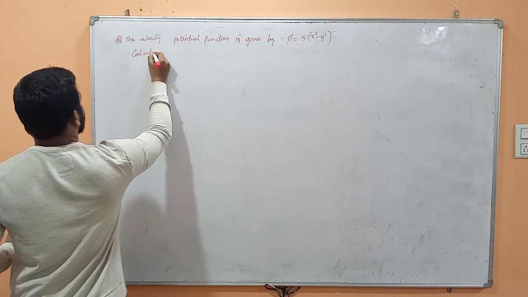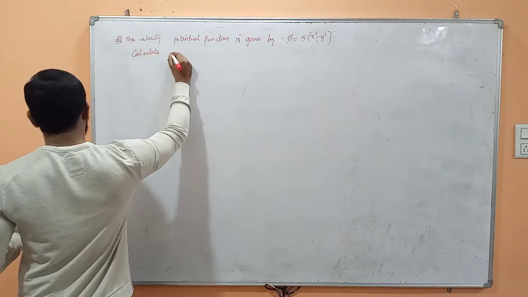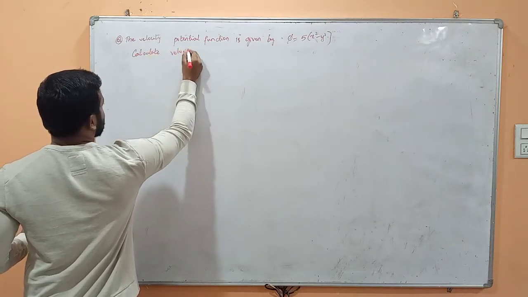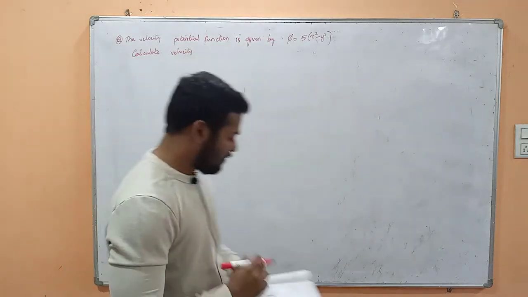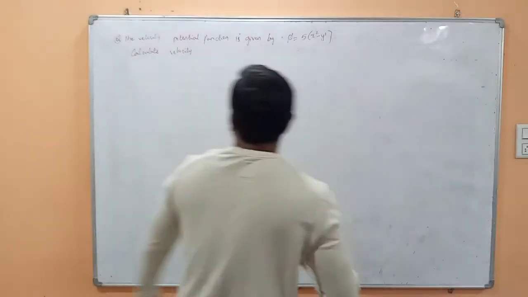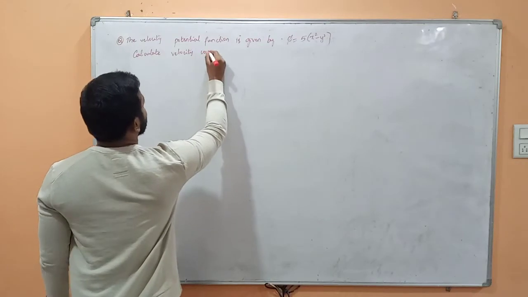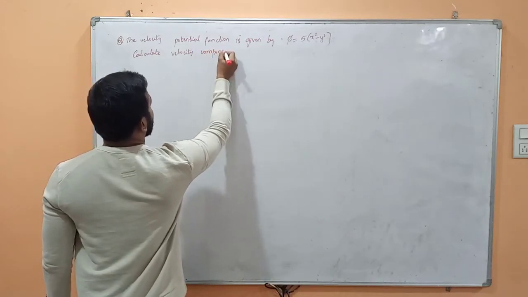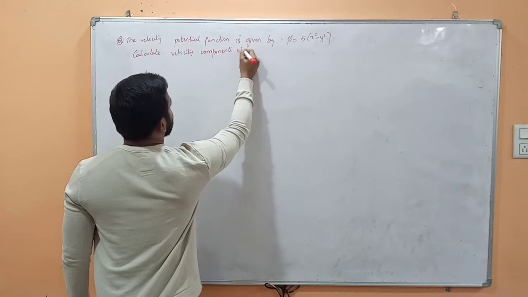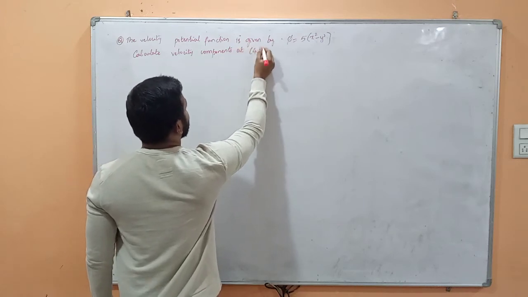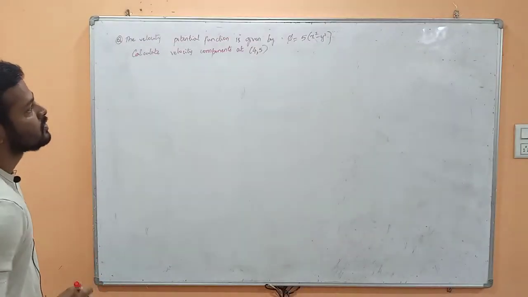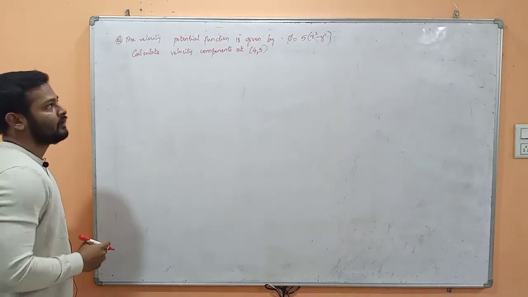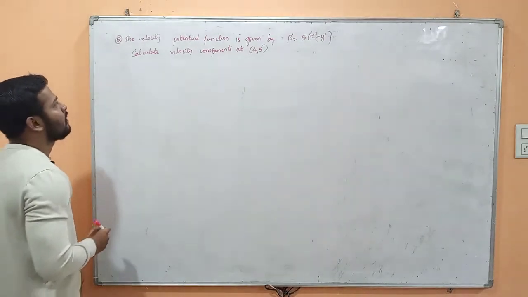Calculate velocity components at (4, 5). Okay. So phi is given in the question. You have to find out the velocity components at (4, 5).